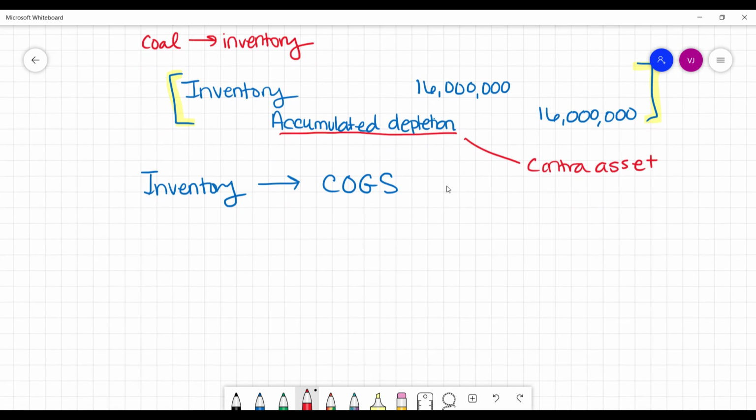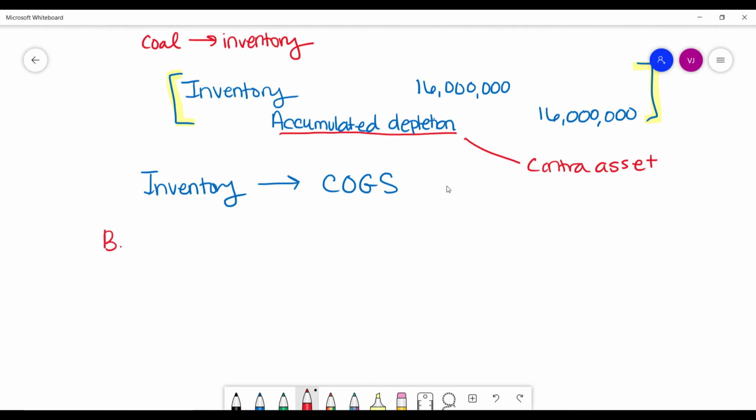On the balance sheet at this point, under the PP&E, property, plant, and equipment section, you would see the asset for mining properties for the Red Valley mine.